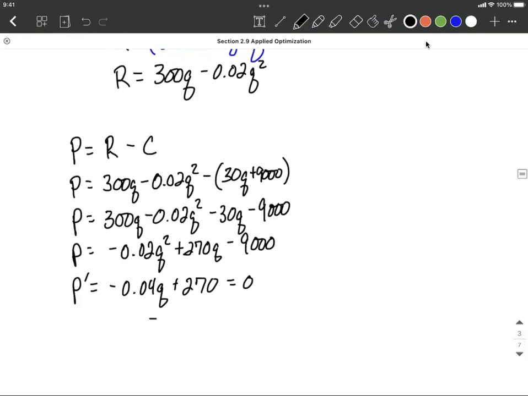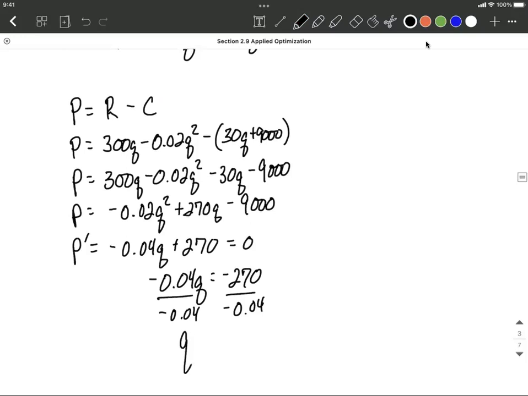So I'm going to subtract that 270, move it to the other side, and then divide both sides by the negative 0.04. This will give us an ideal value. Our quantity is going to be 6,750 items. All right, and that should maximize our profit.